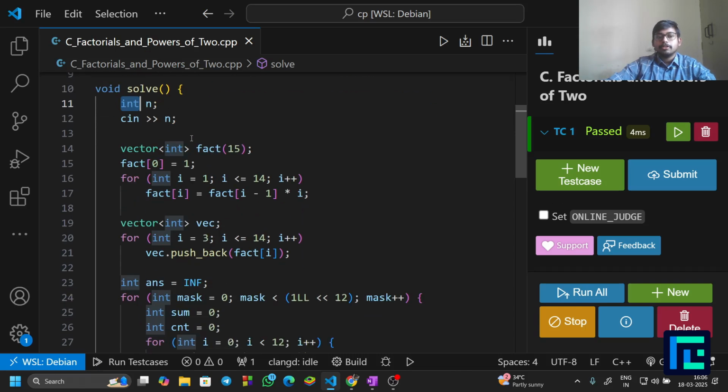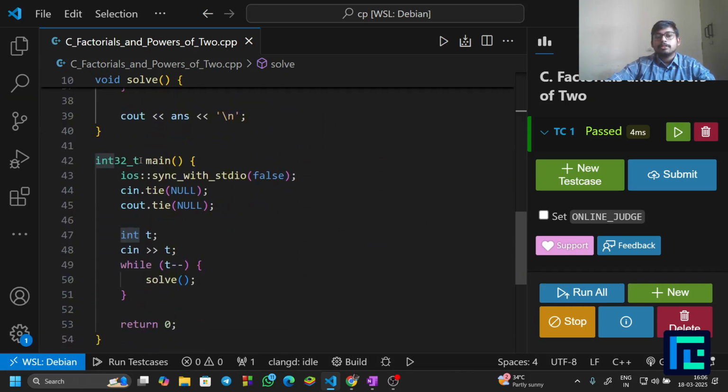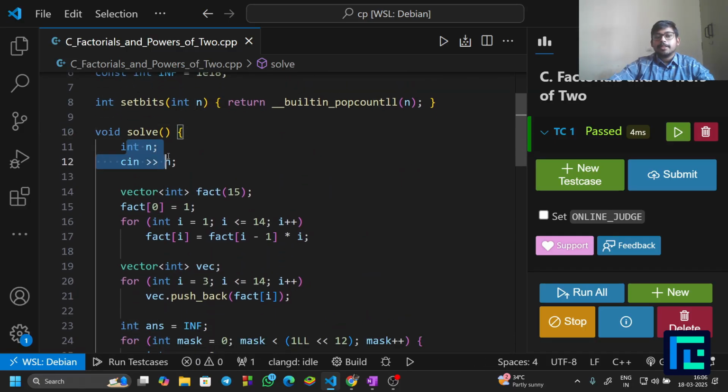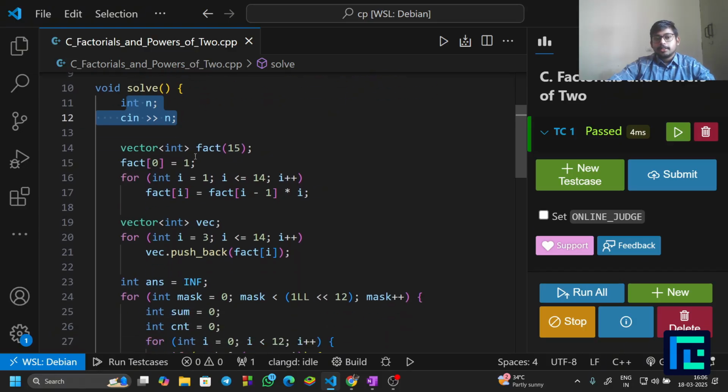You can do that, and the only thing you need to consider is you need to write int32 in your main function. Otherwise, if you're writing int, that would get converted to long and give you an error. So here you need to just make sure that after that all your int would be converted to long. Now what I'm doing inside my solve function, I'm taking the input n. After that I have to compute the factorials up till 14.